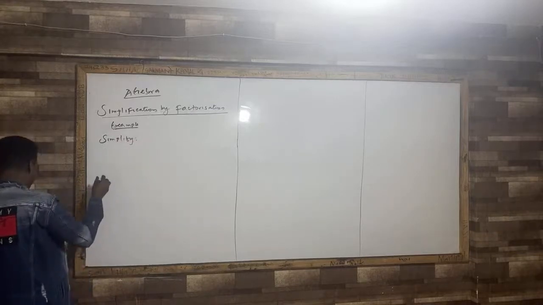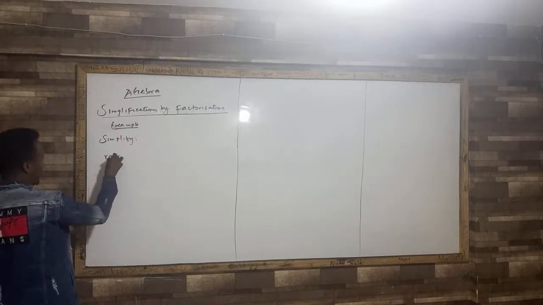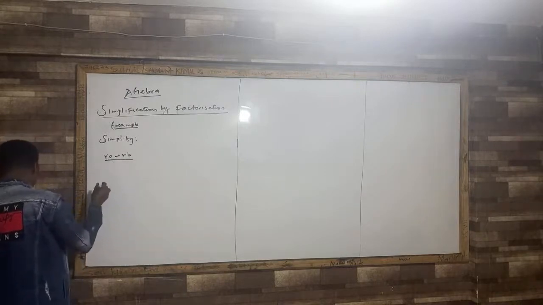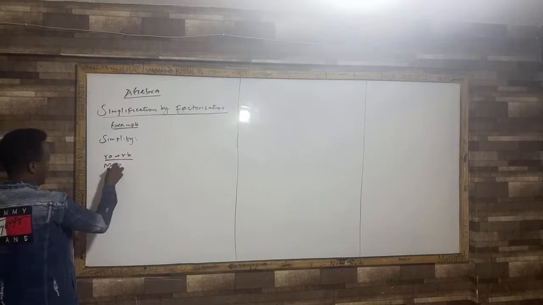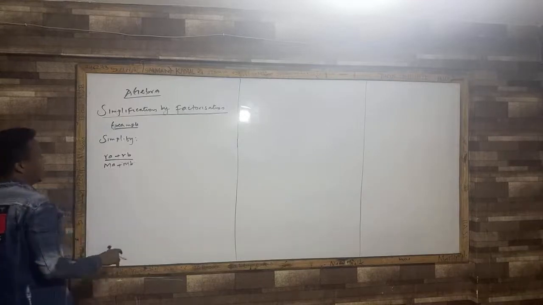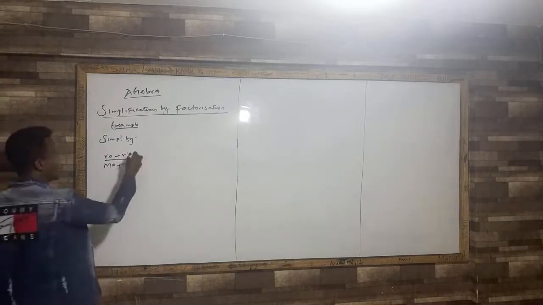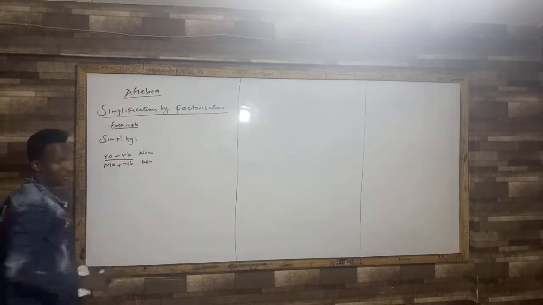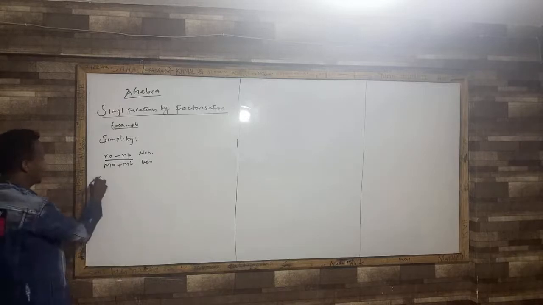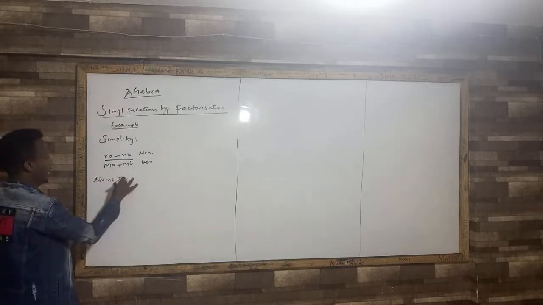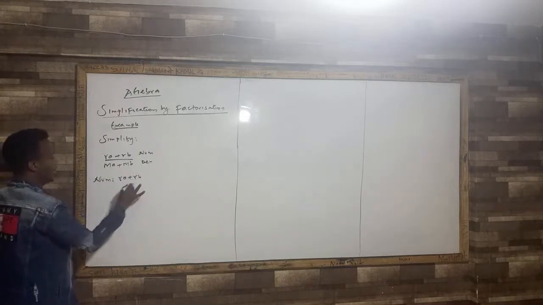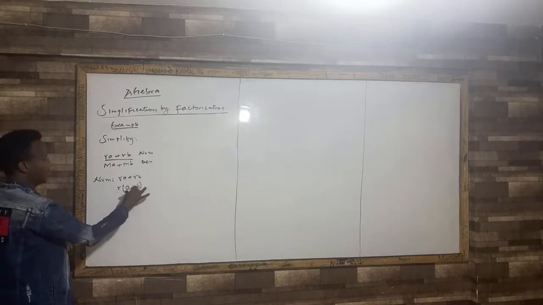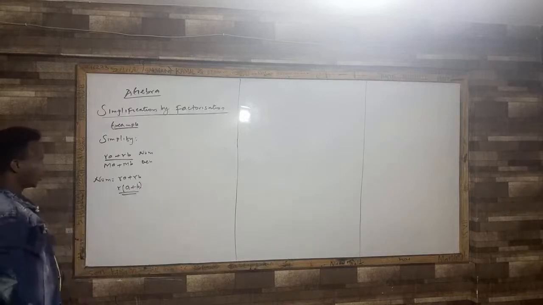Then we have this one: RA plus RB divided by MA plus MB. In such a situation, you're going to say num, which is numerator, and then the denominator. So our numerator in this situation is RA plus RB. What's common? R outside, A plus B. So you're done with this one.